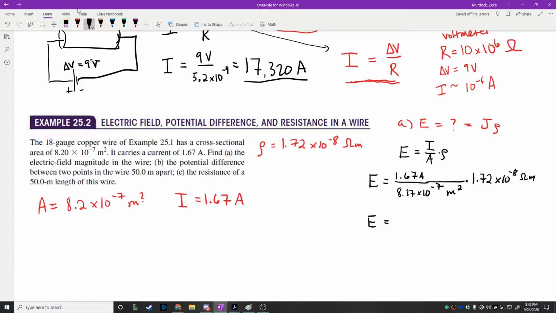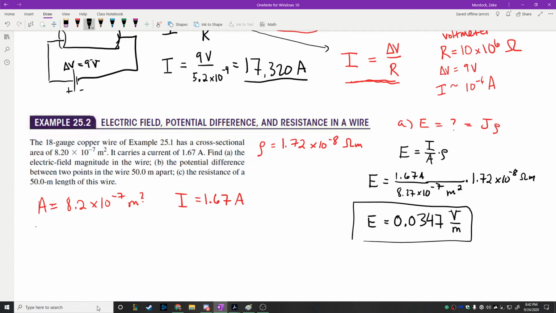Oh, wait, I got something different. I got 0.0347. This would be volts per meter. Okay, you guys agree?